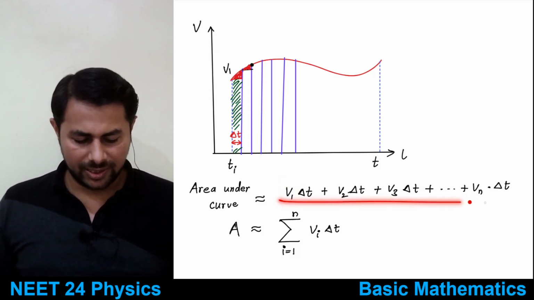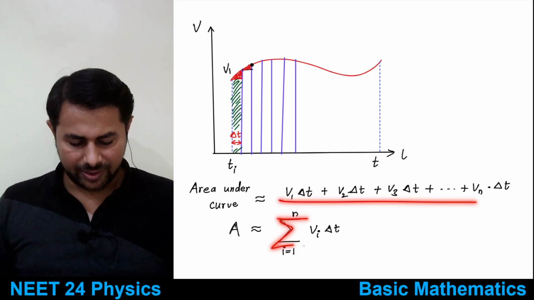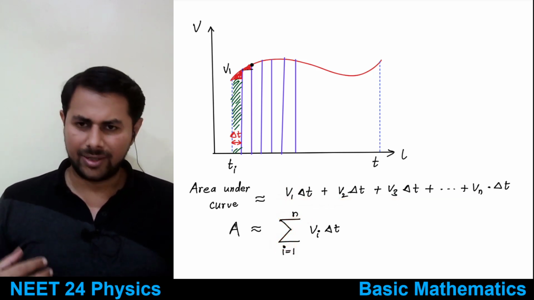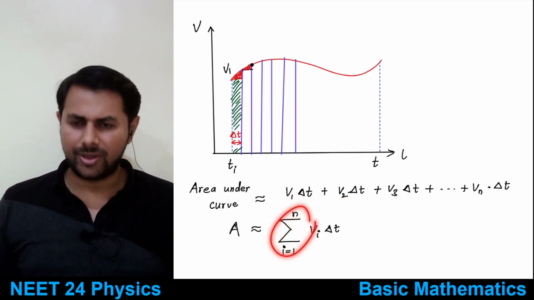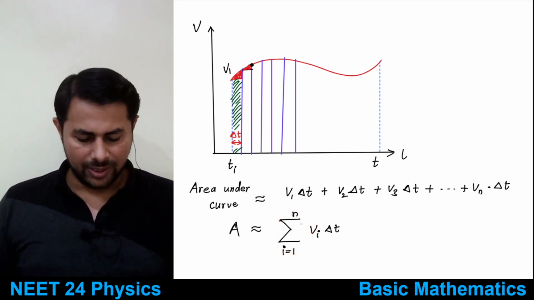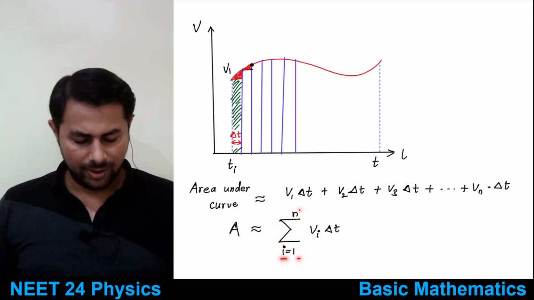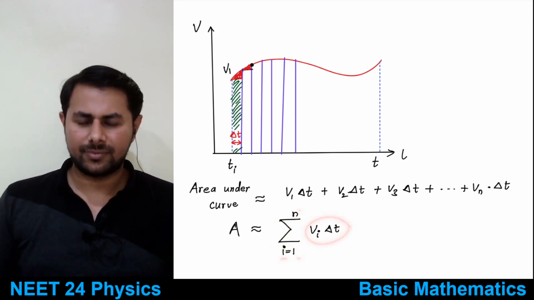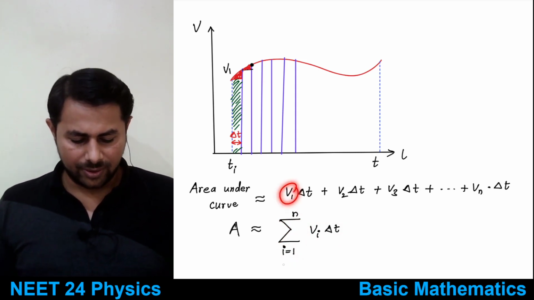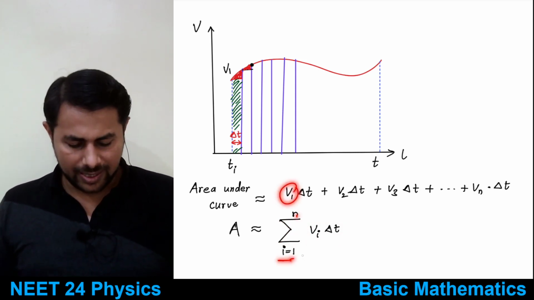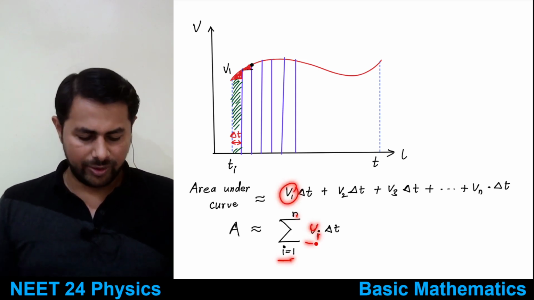Or you can write this thing as a summation. This is summation. Okay, I hope you know this. Do you know this symbol, everyone? Yes, sir. Okay, this is a summation. i goes from 1 to n of Vi delta t. So i goes from 1 to n means when i is 1, it will be V1 delta t.